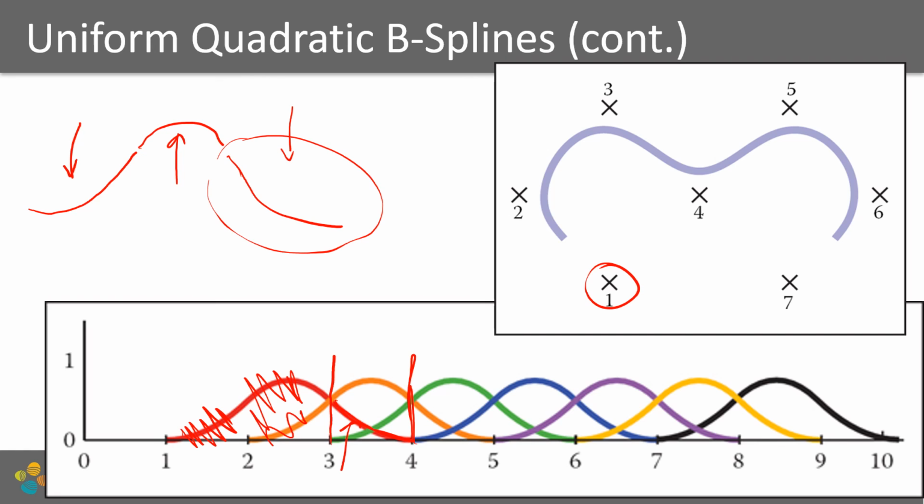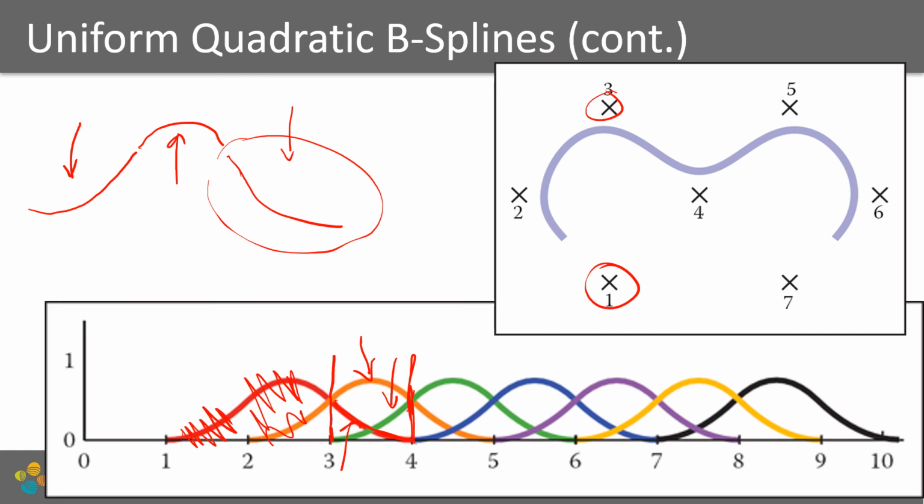So we can see here that the second point will be weighted with this segment, the orange basis function. And obviously, the third point will be weighted with the third segment, the green one. Only this part will be between the values 3 and 4.